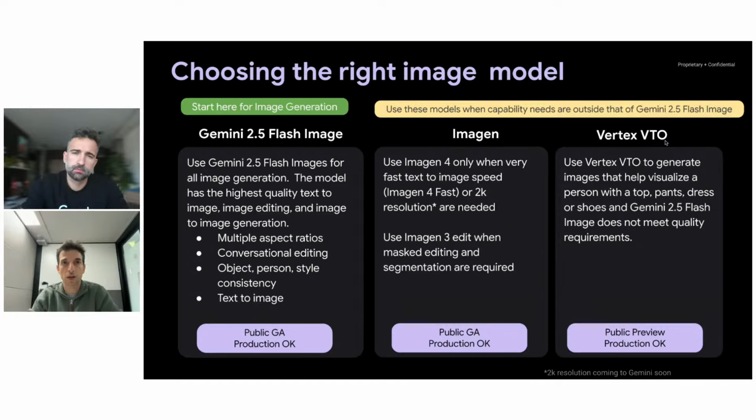VTO is virtual try-on. So if, for example, you're in an e-commerce use case, you have a piece of clothing and a model, and you want the model to wear the piece of clothing, and you're not getting good enough results with Nano Banana, this is a dedicated model for this use case, right? So at a high level, in the vast majority of cases, you are best off working with Nano Banana, with these small nuances sometimes with regards to performance or feature set.